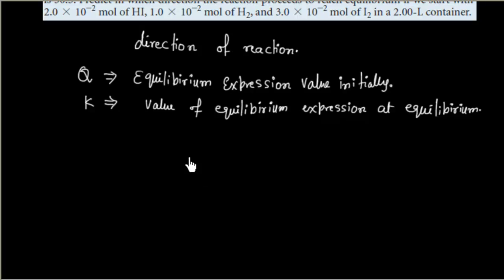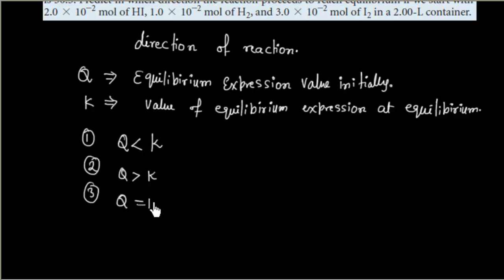Now basically there are three possibilities we can have. One is Q is less than K, another is Q is greater than K, and the third situation is Q equals K. Now Q is basically the concentration of product divided by the concentration of reactant.